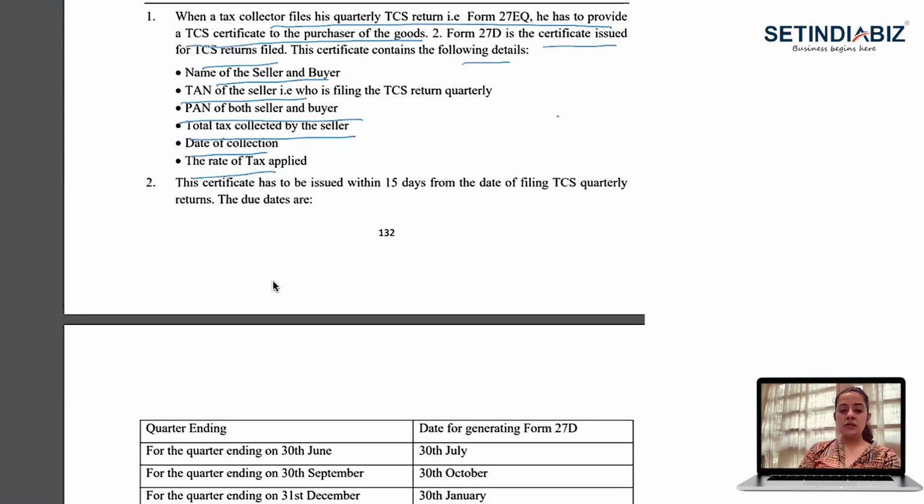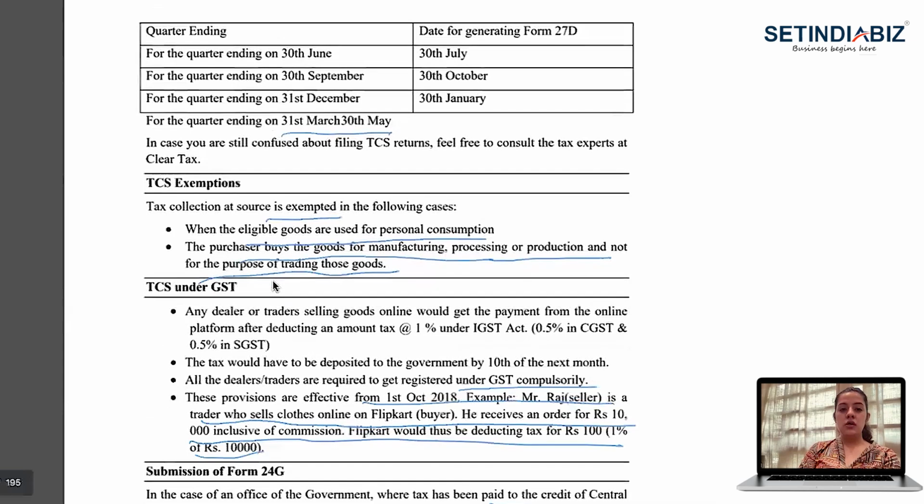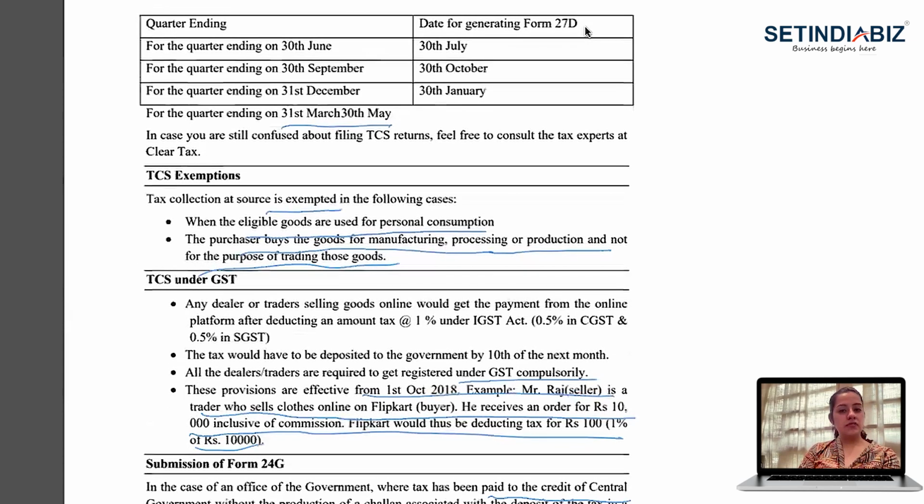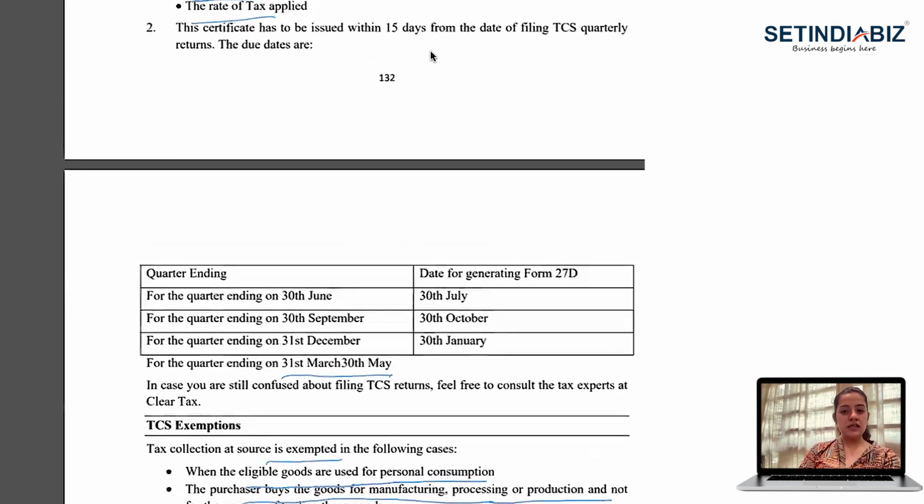The due dates, now let's check what they are. Quarter ending date for generating Form 27D: for the quarter ending 30th June, it is 30th July. This is the due date for filing the TCS. For the quarter ending 30th September, it is 30th October. For the quarter ending 31st December, it is 30th January. So after the quarter ends, you get one complete month to file the TCS.